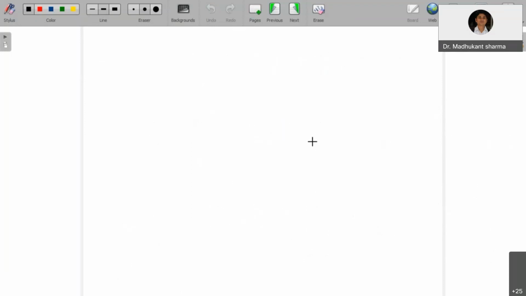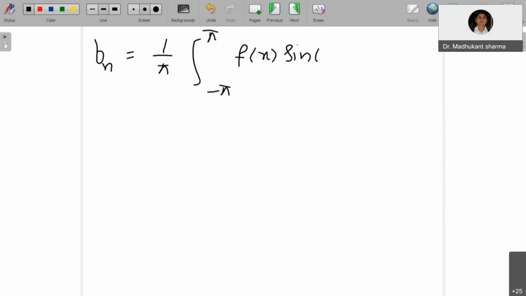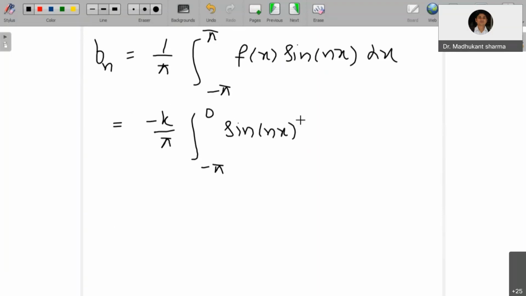Now let's find out the bn. 1 upon pi integration from minus pi to pi of f of x times sine of nx dx. That equals minus k by pi integration from minus pi to 0 of sine of nx dx plus k by pi integration from 0 to pi of sine of nx dx.